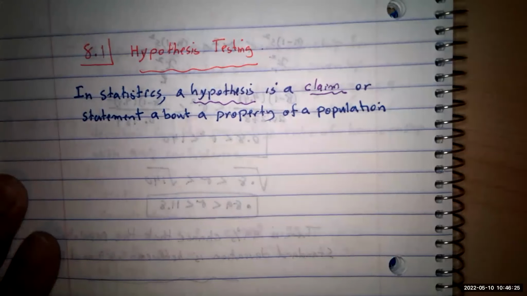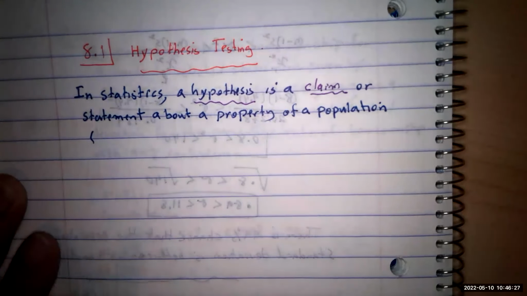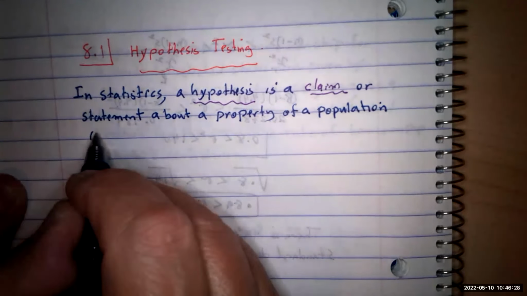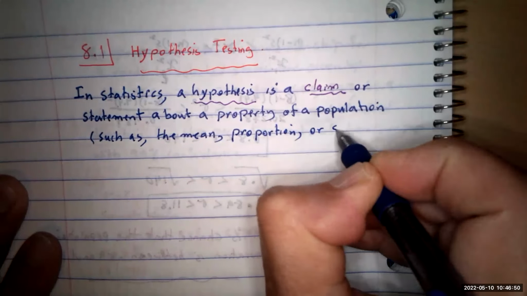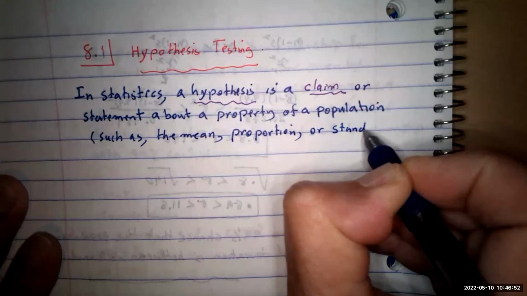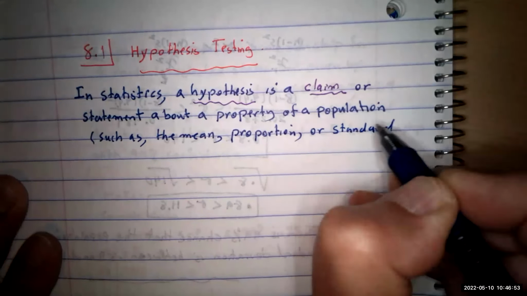Property of the population. Those properties are going to be such as the mean, maybe proportion, or standard deviation.